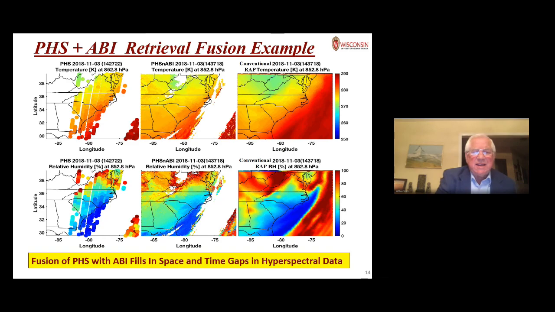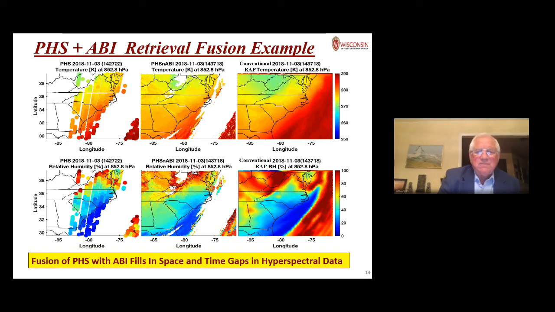So we use these data and we put them in a forecast model, and we assimilate these hourly. We don't use 5-minute geostationary data, but we do produce the soundings every hour over a large region, over the continental US and the surrounding ocean regions.